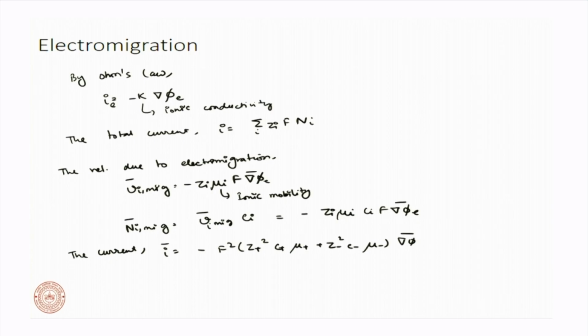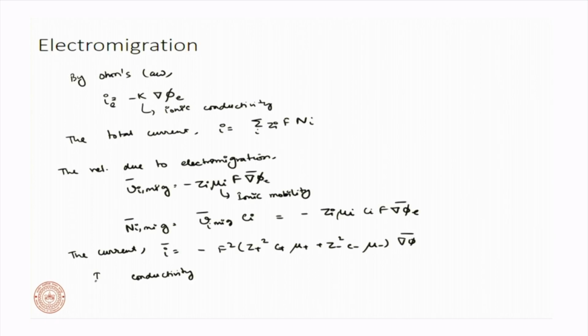And finally, you can put this current and compare it with this to find out the conductivity or the ionic conductivity. I am sorry, let us go back. Kappa is equal to this term plus F square Z plus square C plus mu plus Z minus square C minus mu minus.